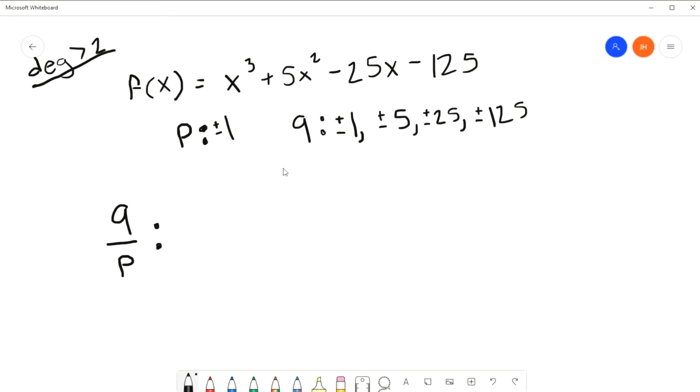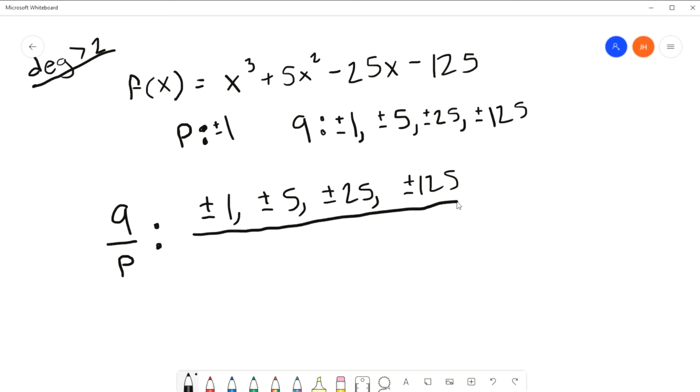Then it will give me a list of all of the possible zeros of the original polynomial. So what that looks like is I take all the Q values: plus or minus 1, plus or minus 5, plus or minus 25, and plus or minus 125, all over plus or minus 1.